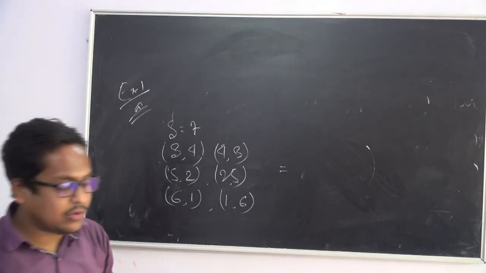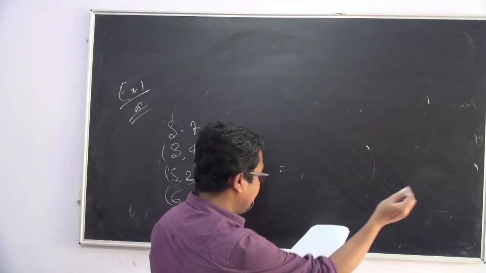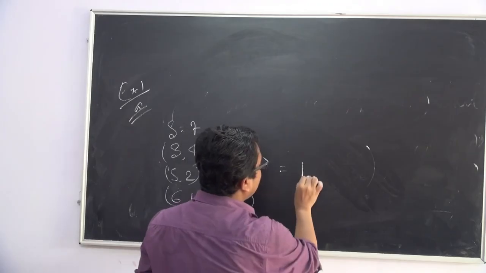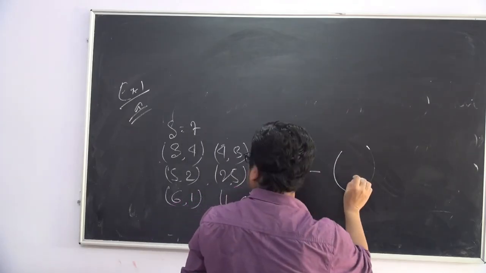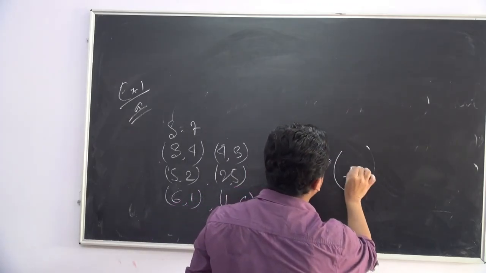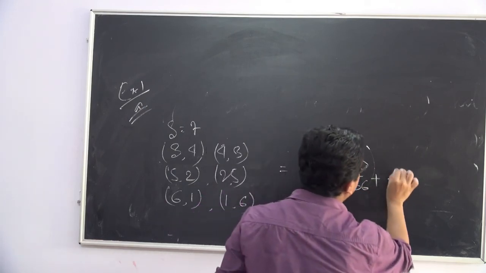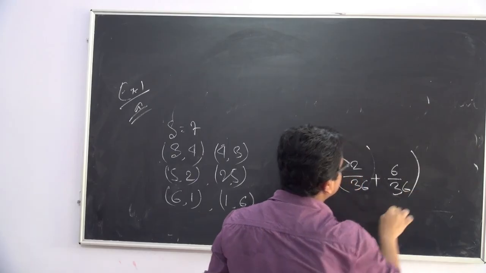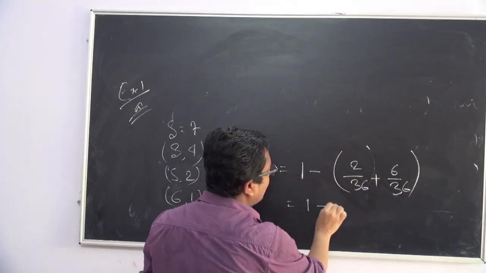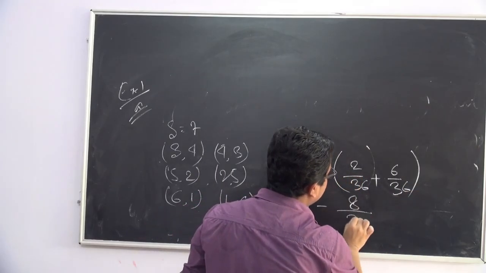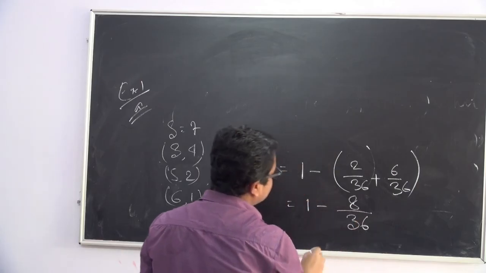Now I can write the answer of the second question. The required probability for getting neither 7 nor 11 is 1 minus the sum of 2 by 36 plus 6 by 36. That means 1 minus 8 by 36.